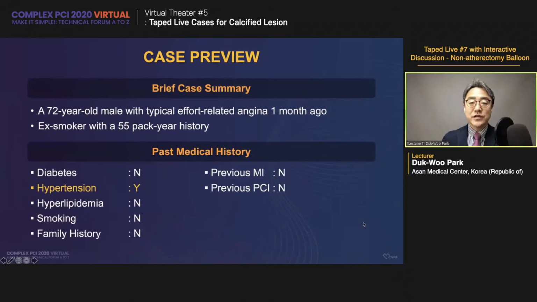This is my disclosure. The patient is a 72-year-old male presenting with effort-related chest angina for 1 month. The risk factor is a 55 pack-year history of heavy smoking, and he also has hypertension, but no diabetes.